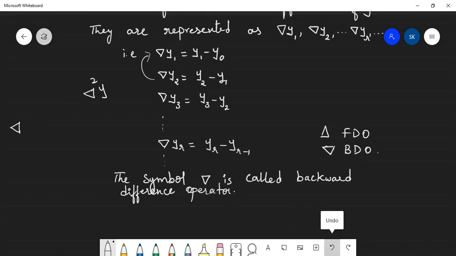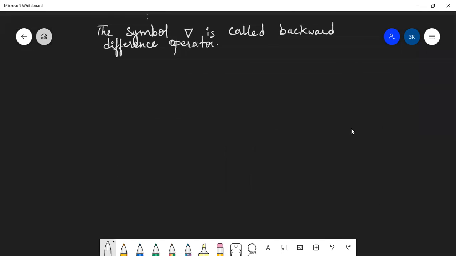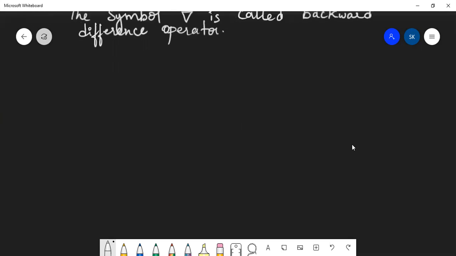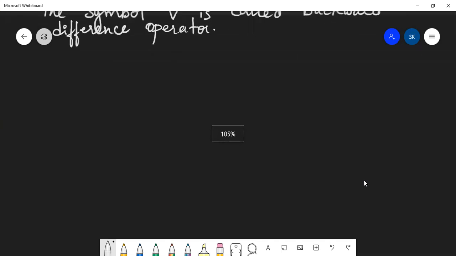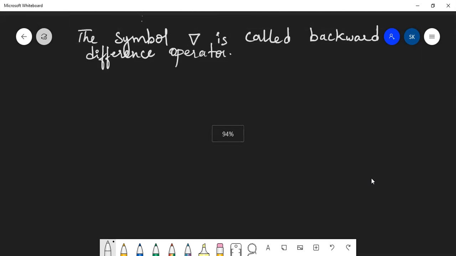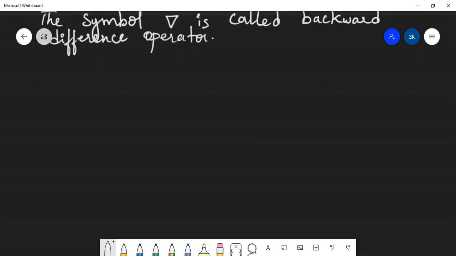Now, shall we do the second differences of backward? So how to write the general term?